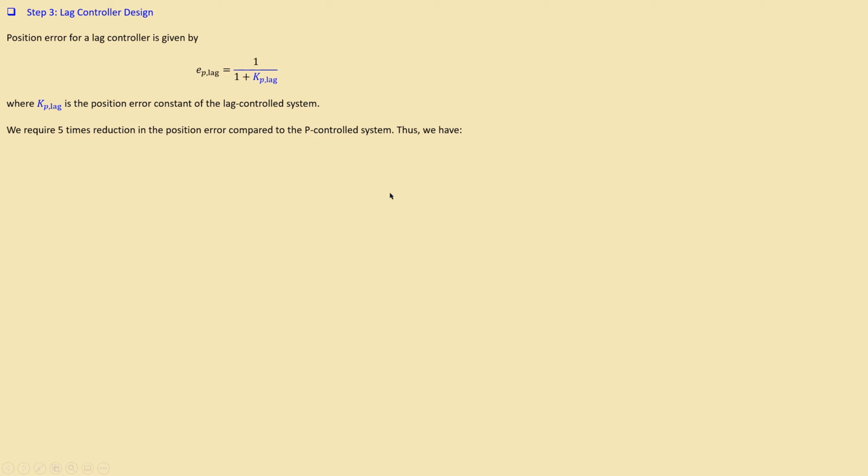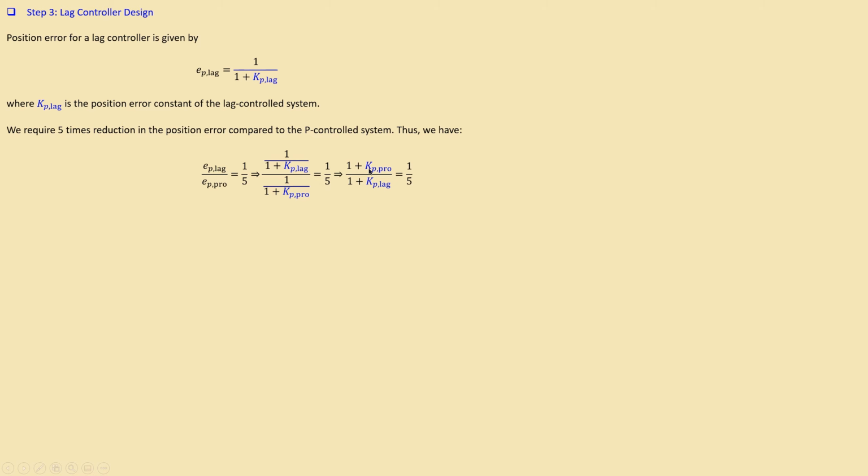Thus, we have the following formula. The error of the lag controlled system, divided by the error of the proportional controlled system, must be 1 over 5. If I substitute the values in the formula for the position error of the lag controlled and the proportional controlled system, and rewrite this a little bit, you will get this expression: 1 plus the position error constant of the proportional control system, divided by 1 plus the position error constant of the lag control system, must be 1 over 5.